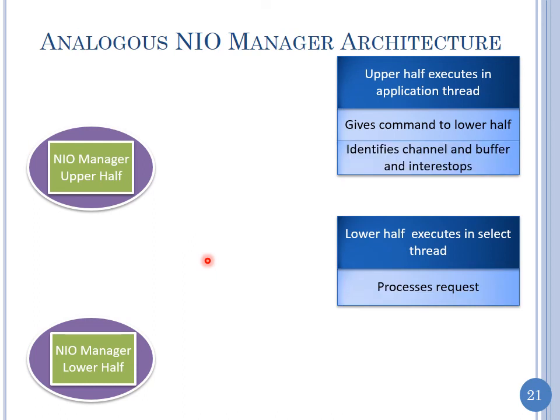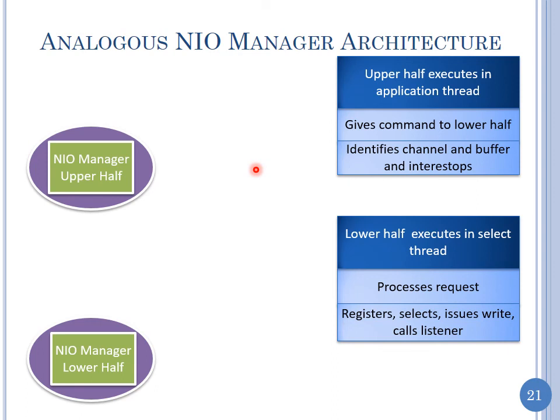And the commands identify the channel and buffer and interest ops. In the case of write, the buffer exists. In the case of other operations, there's no buffer but just channel and interest ops.